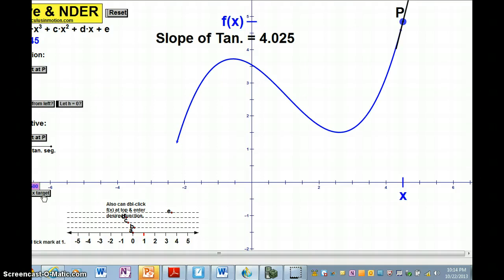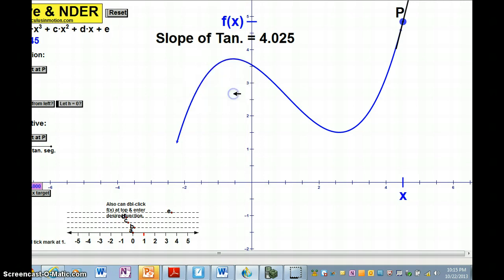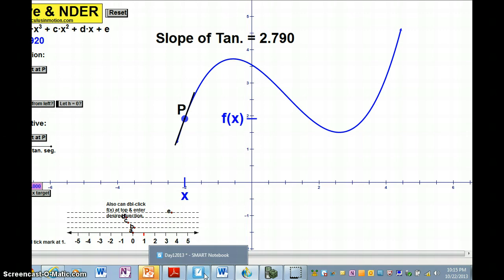Okay, one more time, and we'll go backwards, just so you can see that one more time. Okay, so hopefully that was a good visual to have you see how our first derivative is going to apply here.